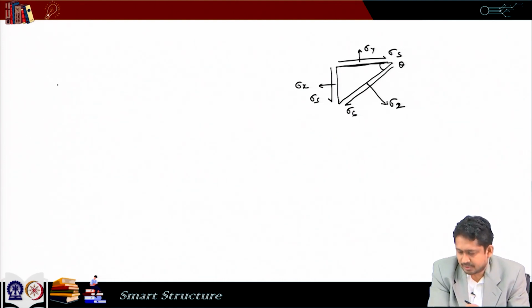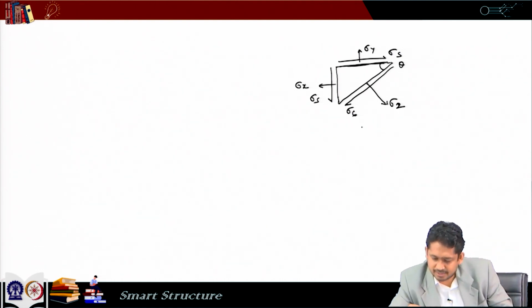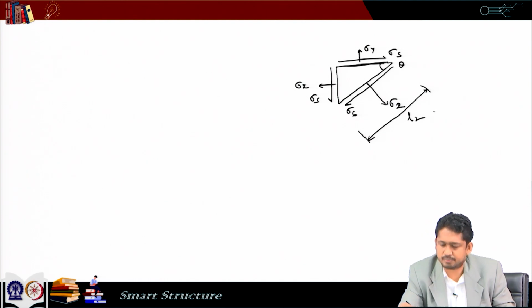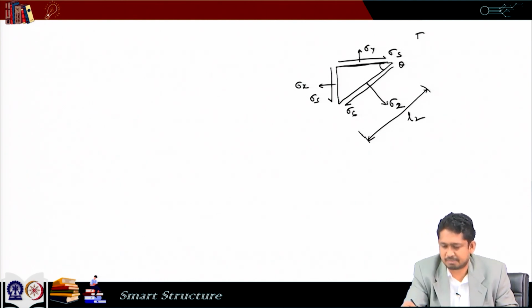Now, we have to balance the forces, and let us say that this length is L2, and let us call this part as part B.